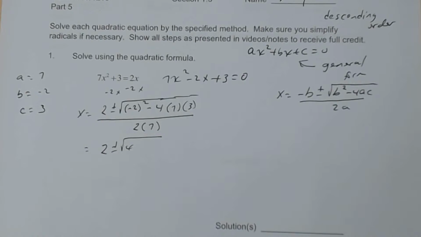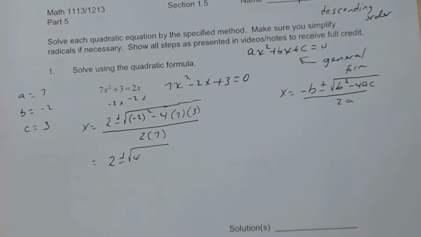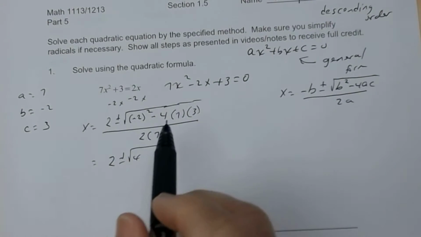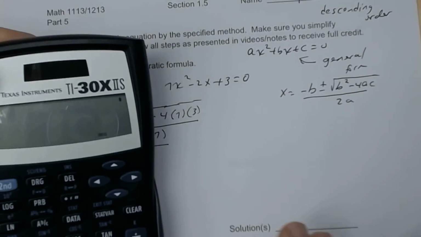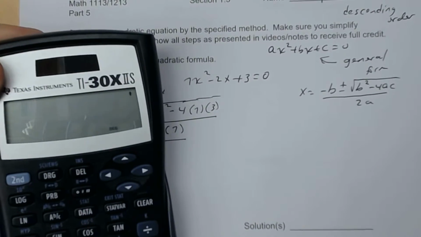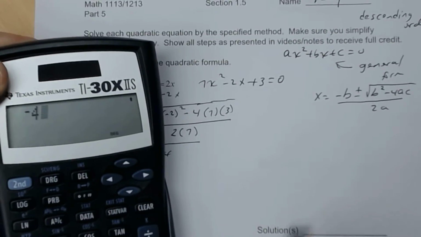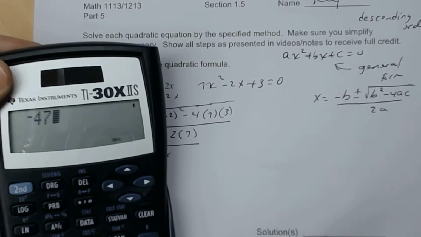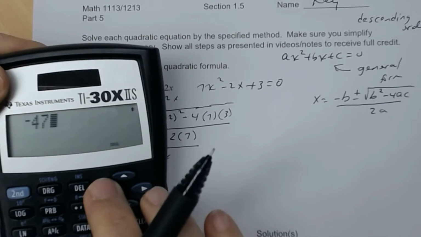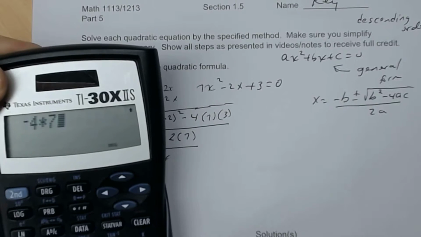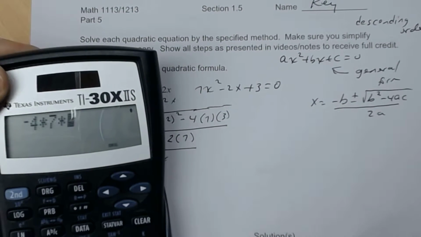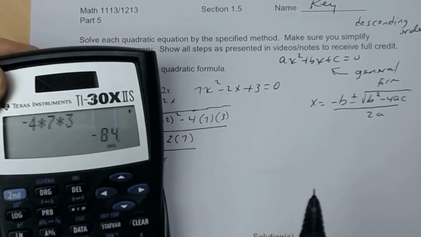Let me get my calculator out. When I multiply -4 times 7 times 3, I get -84.